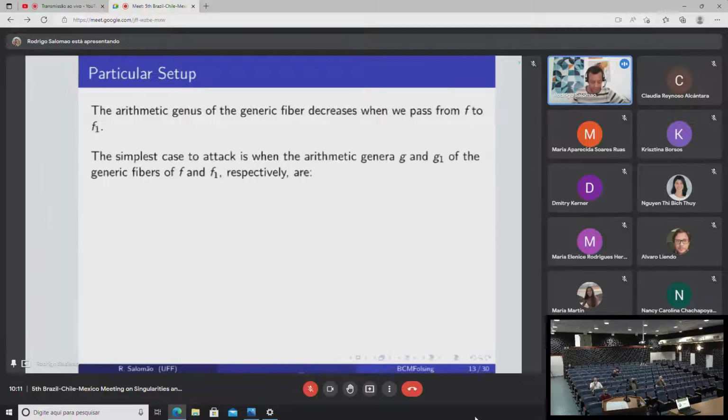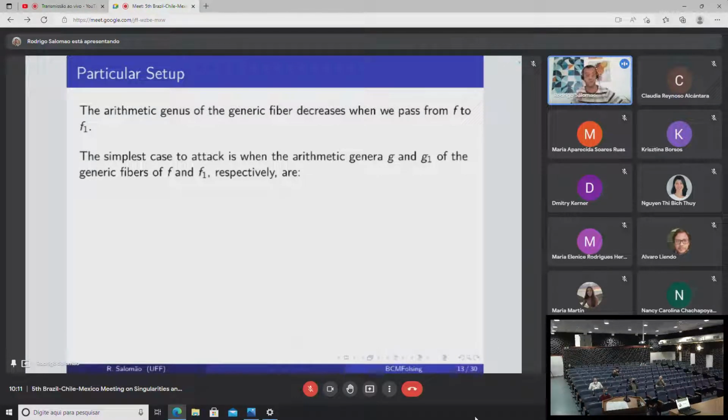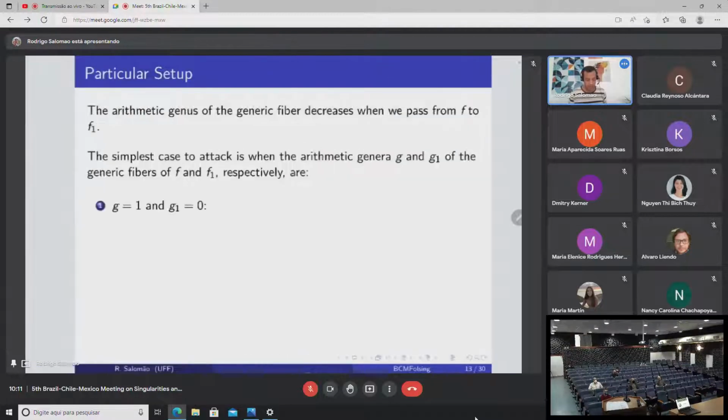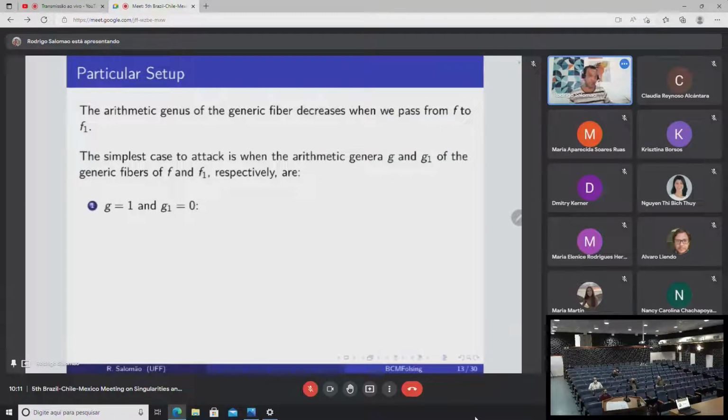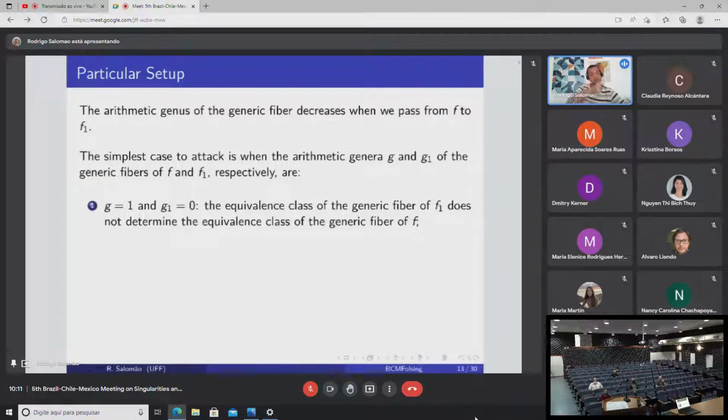And for this reason, the simplest case to attack this problem is when the arithmetic genus g and g1 of the generic fibers of F and F1 respectively are 1 and 0. Okay, but in this case we have a problem because the equivalent classes of generic fibers of F1 do not determine the equivalent classes of the generic fibers of F.